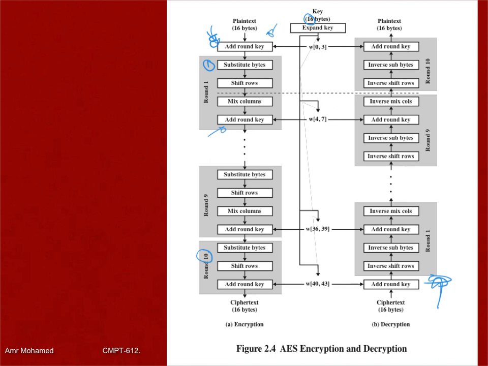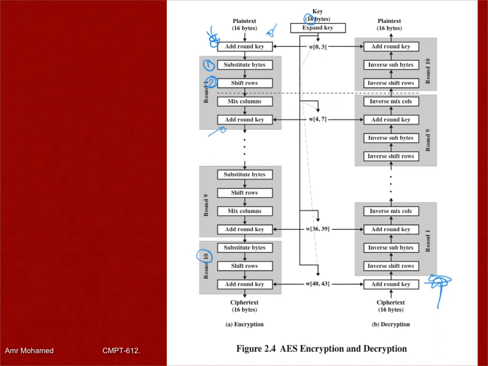We take it based on hexadecimal digits and look up in the lookup table, which is again public, to get a value and use it as a substitution. Then shift rows. The shift rows is again not a circular shift at bit level, it's byte level. We just shift the bytes to the left or to the right. We'll see how this is done, very simple.